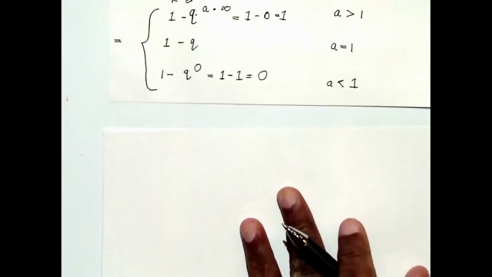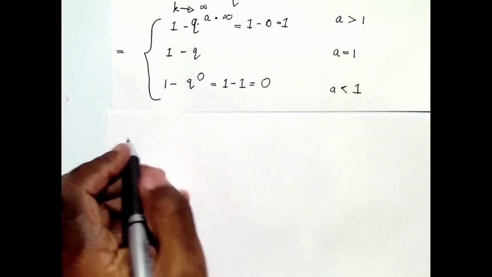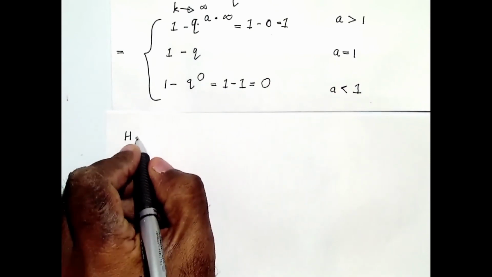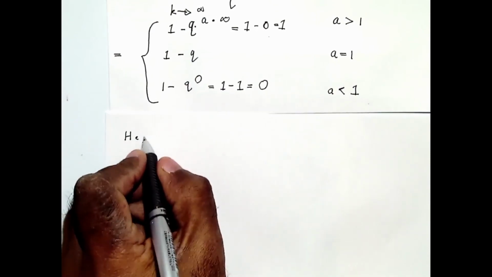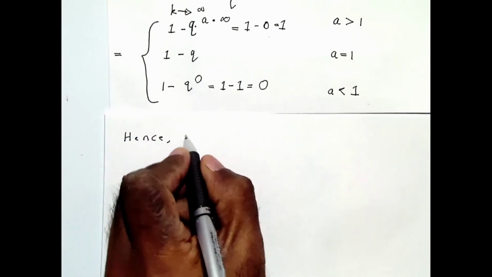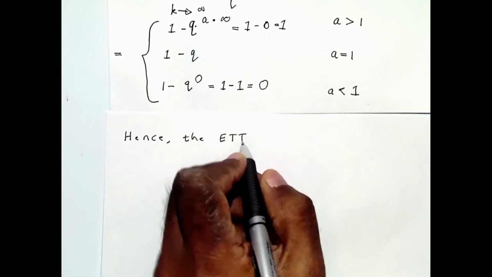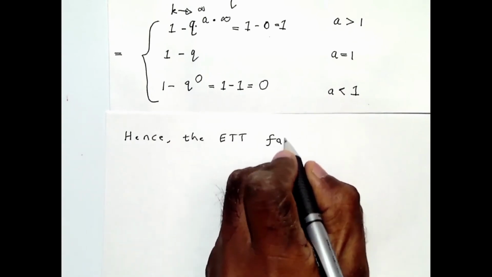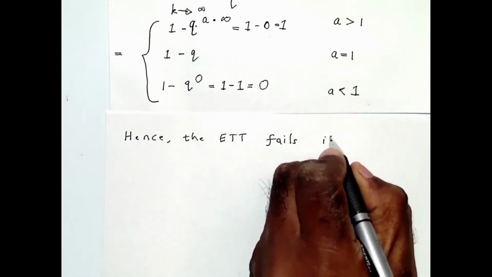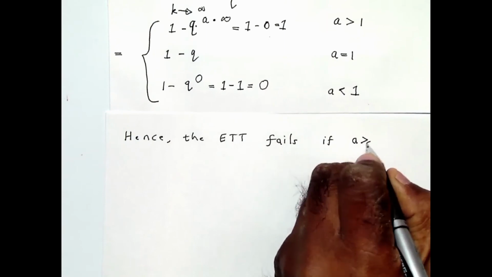So the conclusion to this question is as follows. Hence, the extremal types theorem fails if a is greater than 1 or equal to 1.